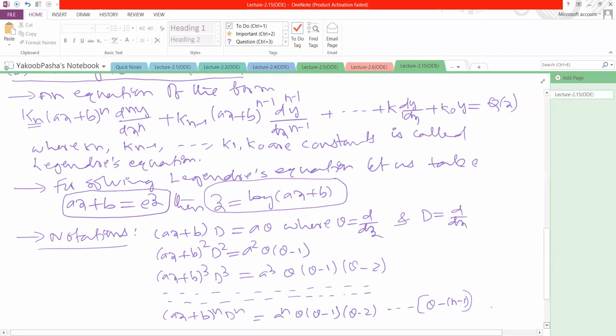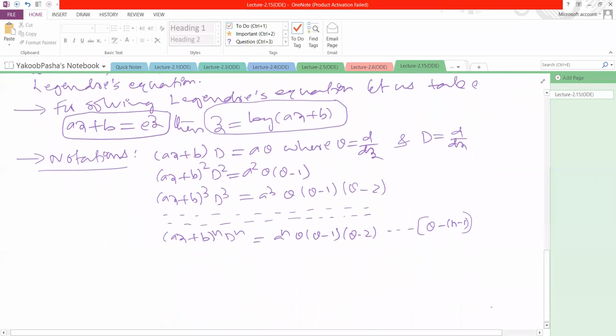Now we can substitute these values in the given equation. Then the Legendre equation becomes a linear differential equation with constant coefficients. Then we can solve by the previous methods. After simplification, replace z by log(ax plus b).